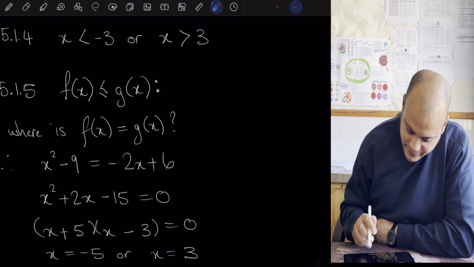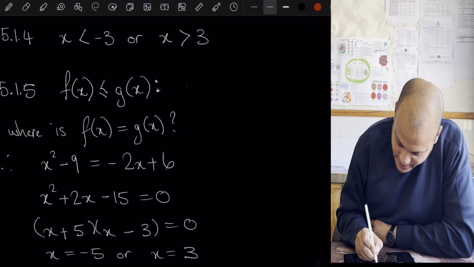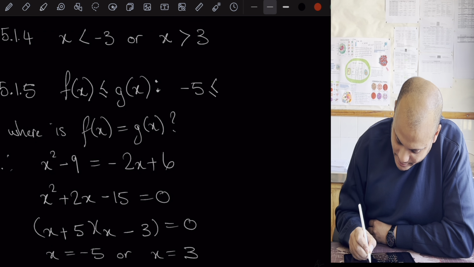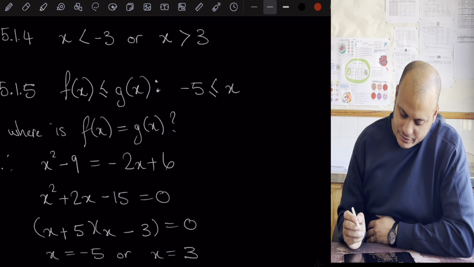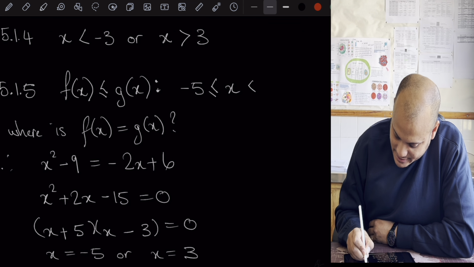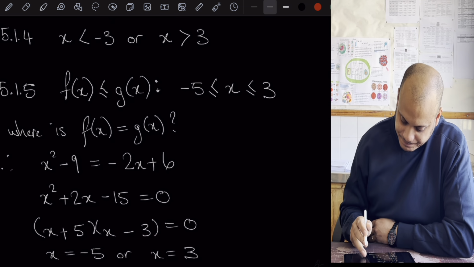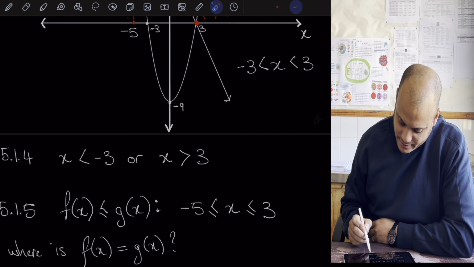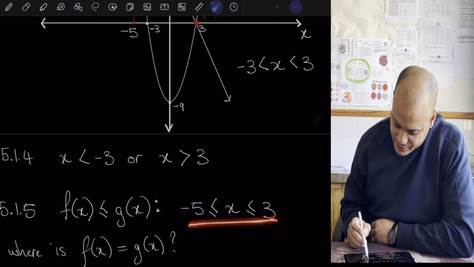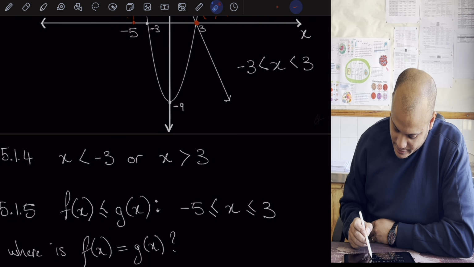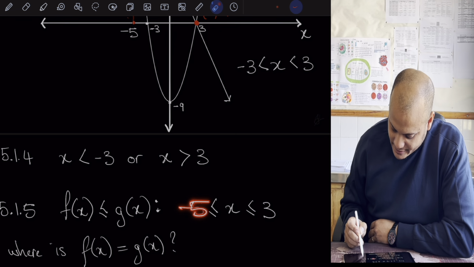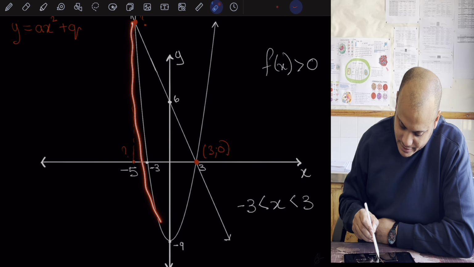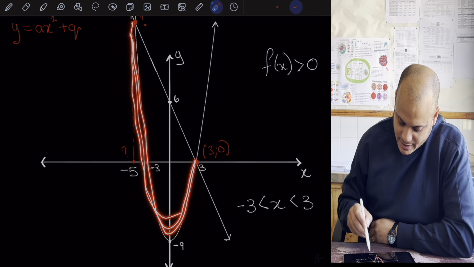So I'm going to have my inequality look like this: x greater than or equal to negative 5, but less than or equal to 3. That is my answer. That is the region of x values, or the set of x values lying between negative 5 and 3, where my parabola lies below my straight line.